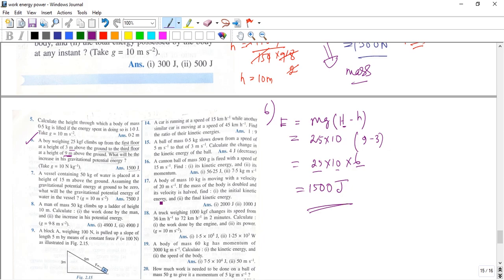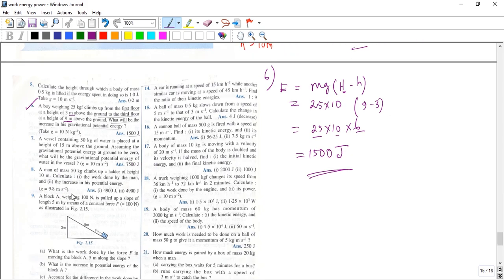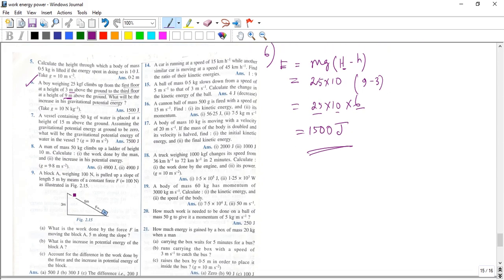Now let me calculate the diagram numerical problems, like number 9. A block A of weight 100 Newton is pulled up a slope of length 5 meter by a constant force of 100 Newton.